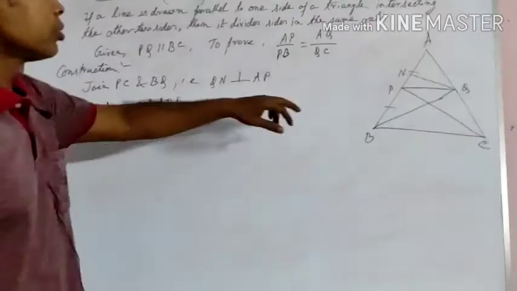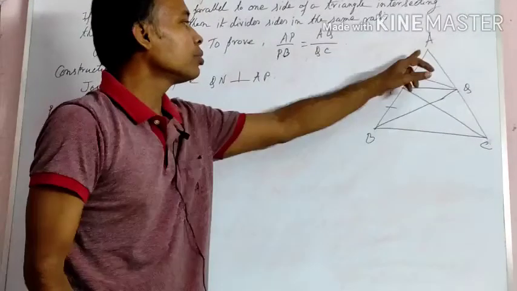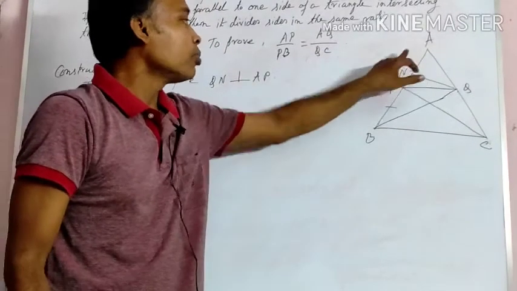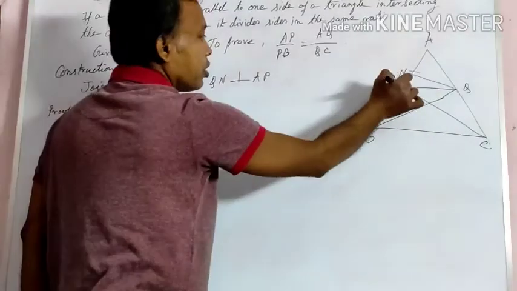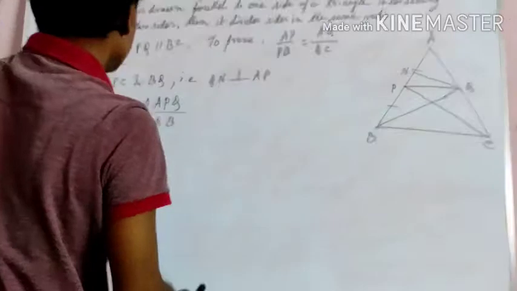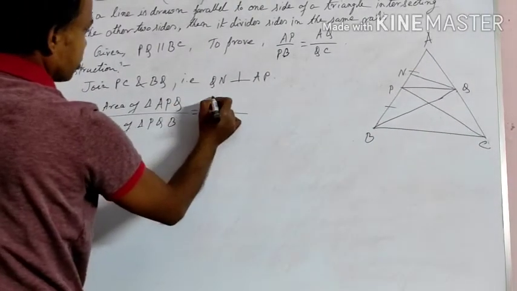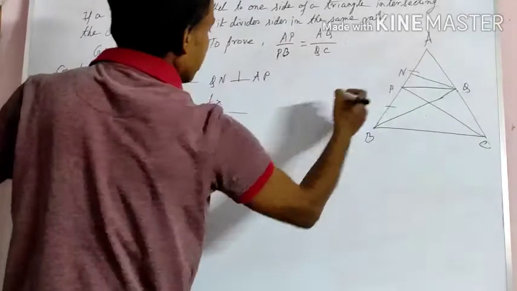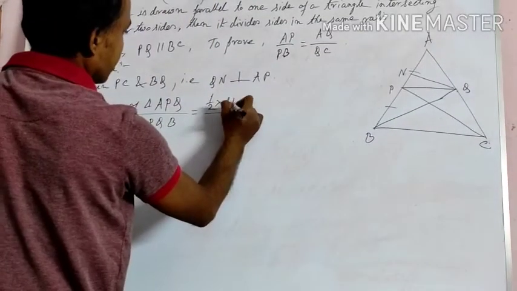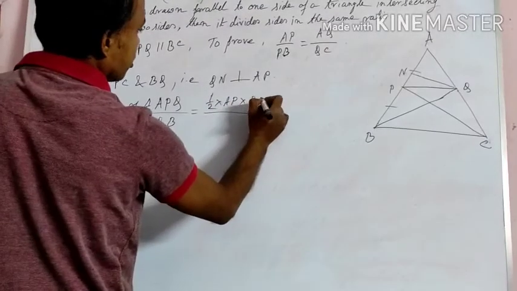Why do you take these two triangles? Because if you take APQ by PQB, then you will get AP by PB. Area of triangle APQ is equal to half base into height, where base is AP into height QN.